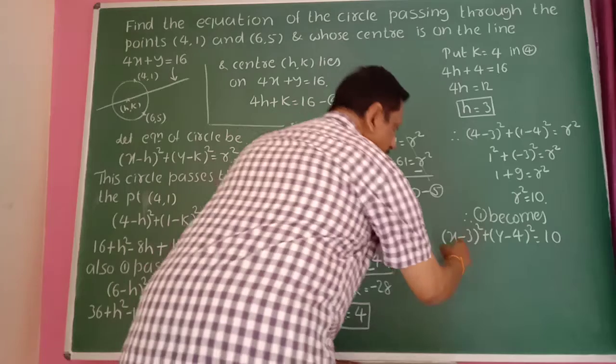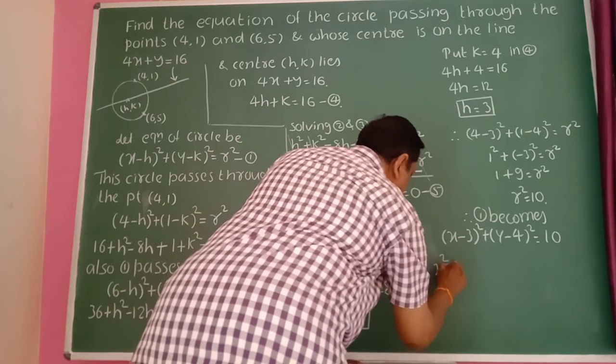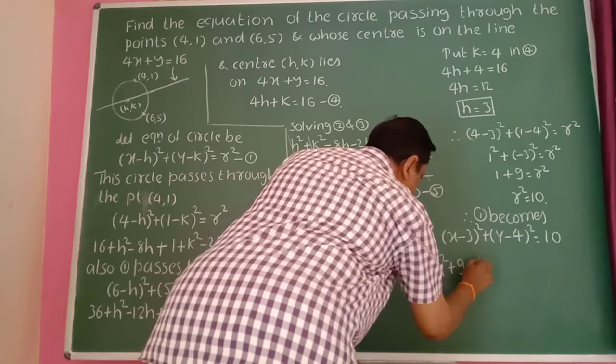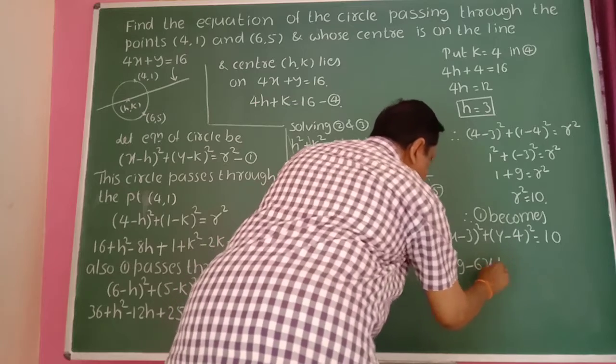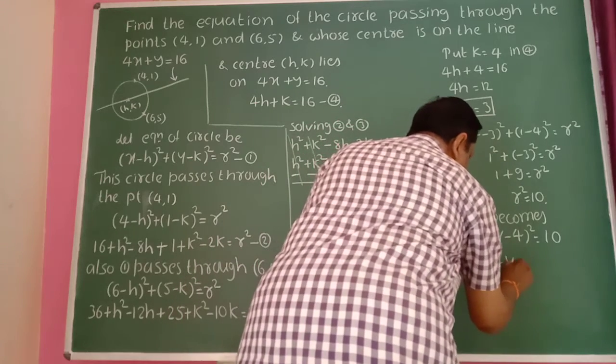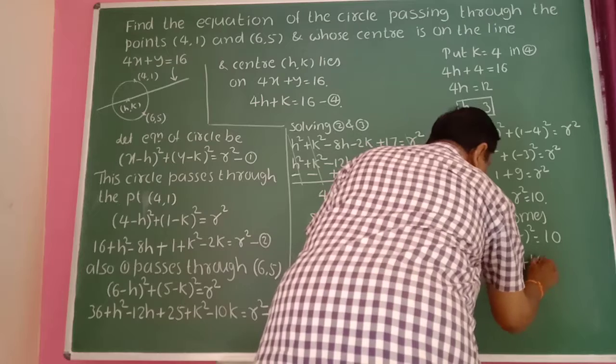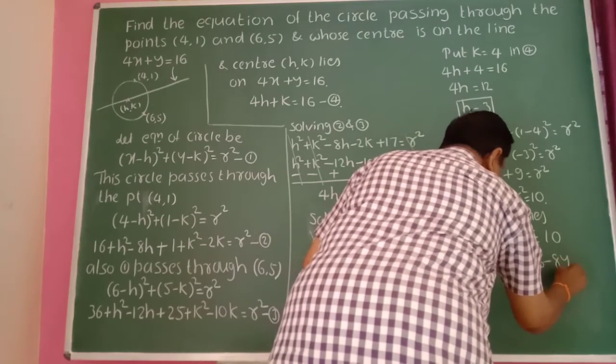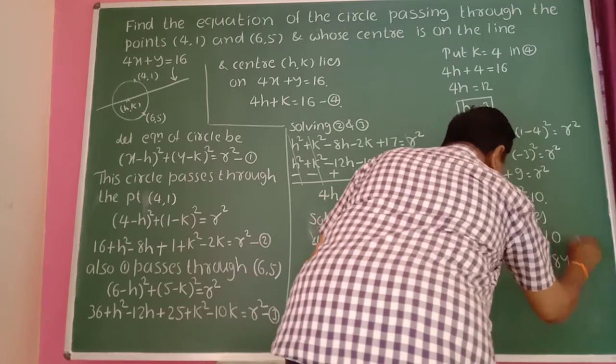Then x minus 3 whole square is x square plus 9 minus 6x, plus y minus 4 whole square is y square plus 16 minus 8y, is equal to 10.